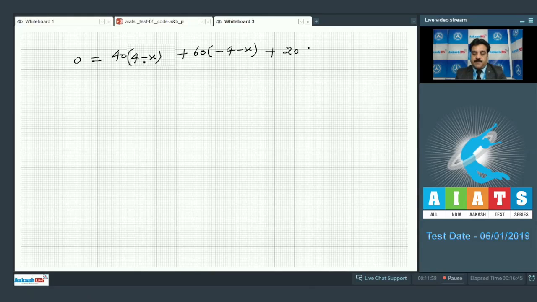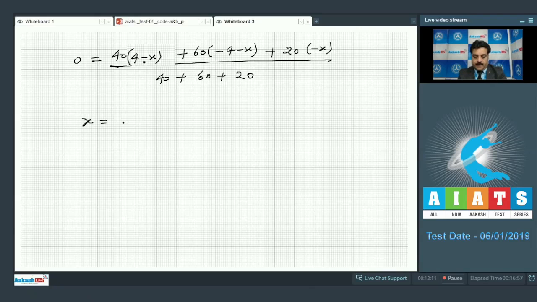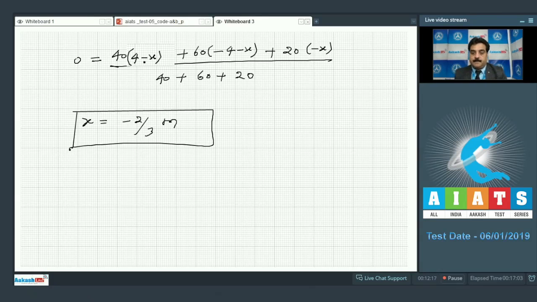The mass of the plank is 20 and displacement is minus x. Divide by 40 plus 60 plus 20. When you solve this equation, you will get minus 2 upon 3 meter. So this is the final answer.